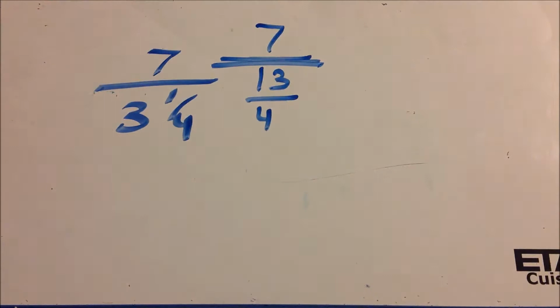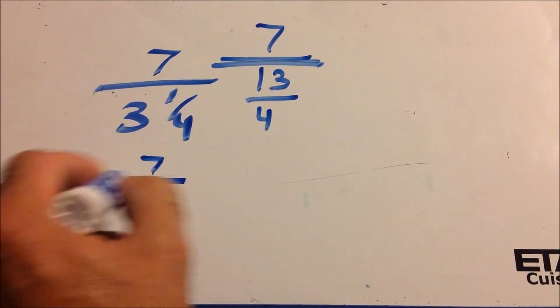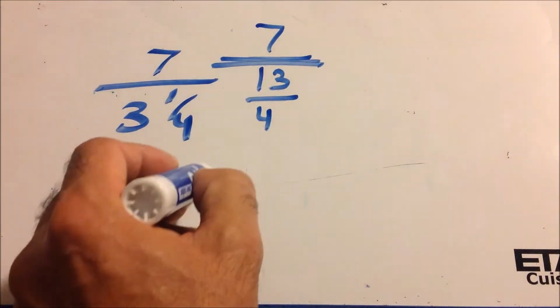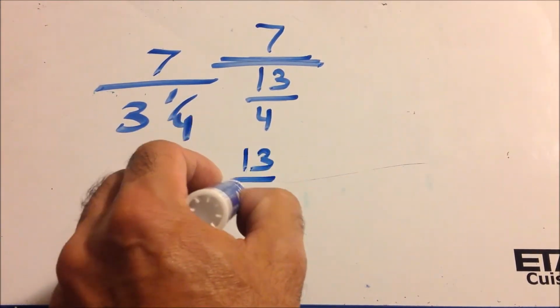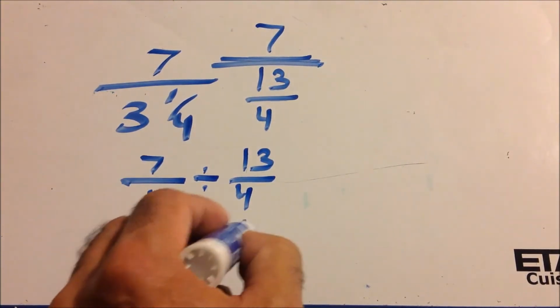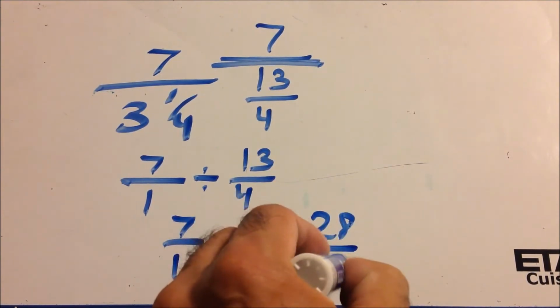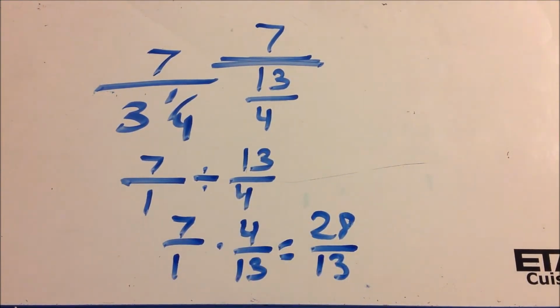Here we have our complex fraction. So what we're saying now is 7 over 1 divided by 13/4. We flip the fraction with division, and we have 28/13. So we're saying Q is 28 over 13.